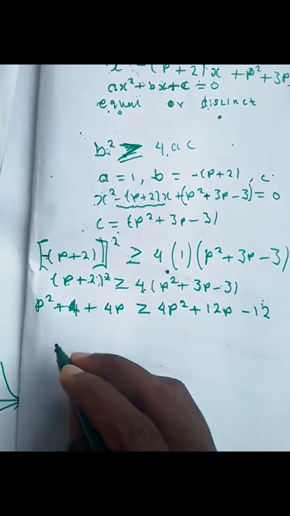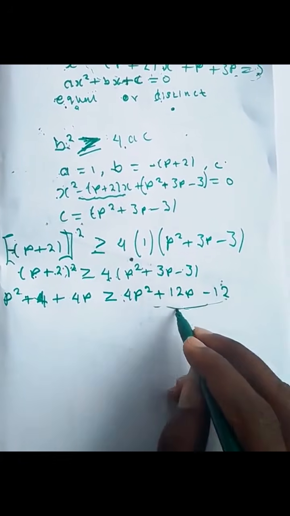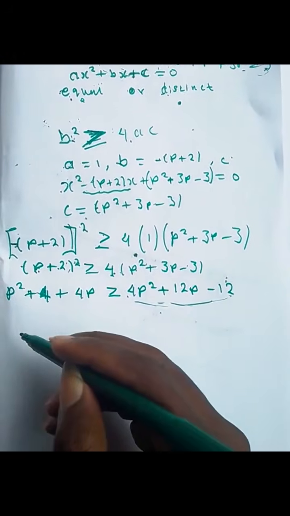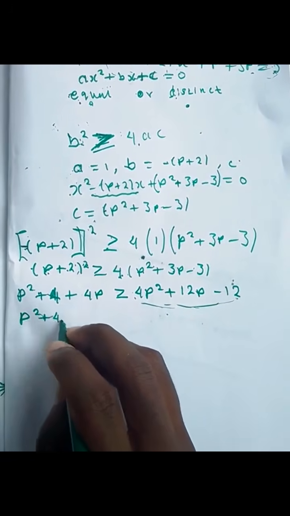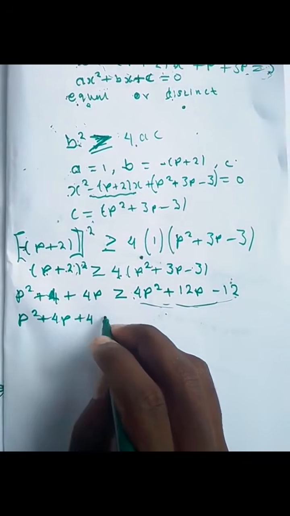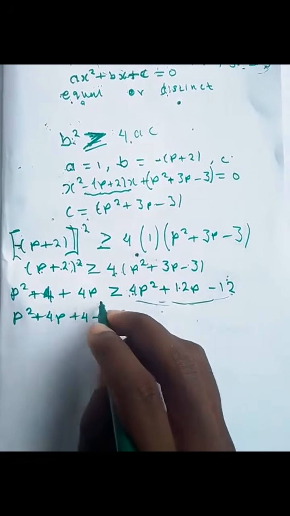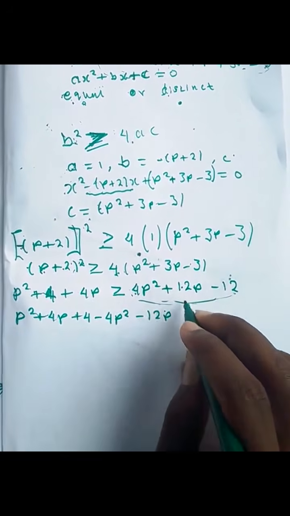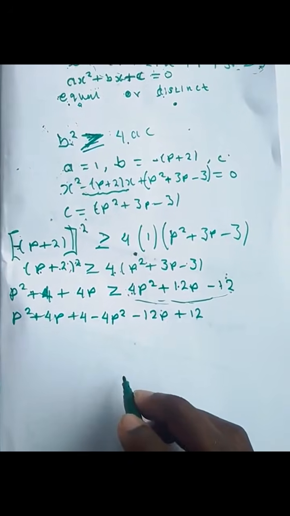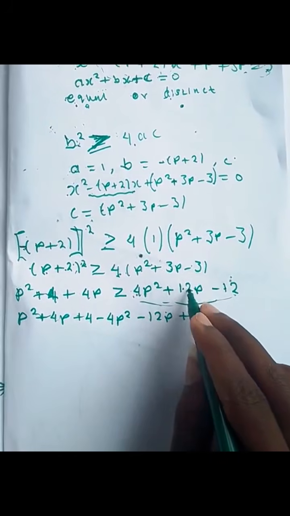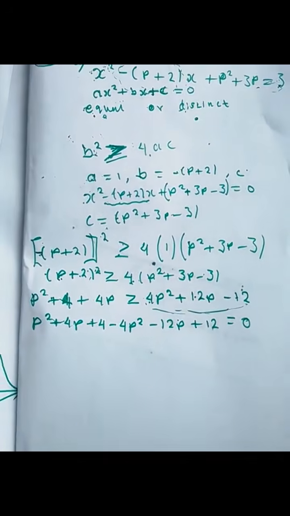Right. So right now your job is to get everything that is on this side and take it on the other side. So I'll write p power 2 plus 4p plus 4. This, when it comes on this side, will be negative 4p power 2. This, when it comes on the other side, is going to be negative 12p. This, when it comes on the other side, is going to be plus 12. The negative changes. Then we can now equate to 0. Let's add the like terms, subtract the like terms. Let's simplify this.